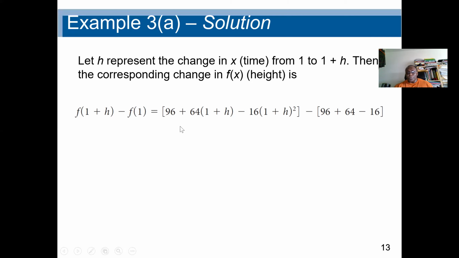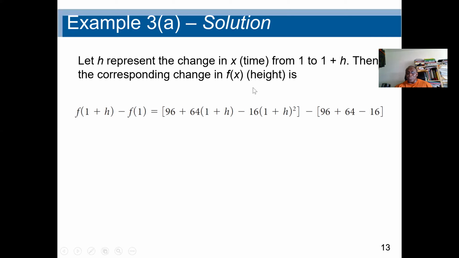So here we know, since this is 1 plus h, anywhere we see x, we represent it with 1 plus h. We have 96 plus 64x, so now it becomes 64 times 1 plus h, minus 16x squared, now x squared becomes 1 plus h squared.